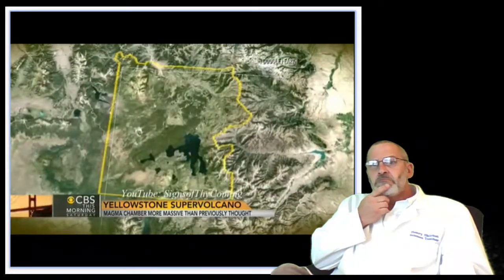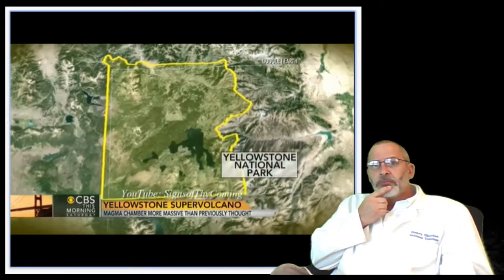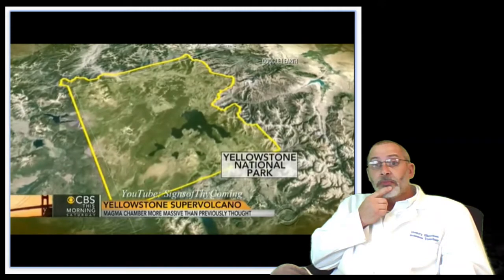Yellowstone National Park could be sitting on a time bomb. There is a supervolcano underneath the national treasure that's more than twice the size of the park itself. The U.S. Geological Survey says the volcano last erupted 630,000 years ago. And visitors of Yellowstone National Park have been advised to keep off the roads.